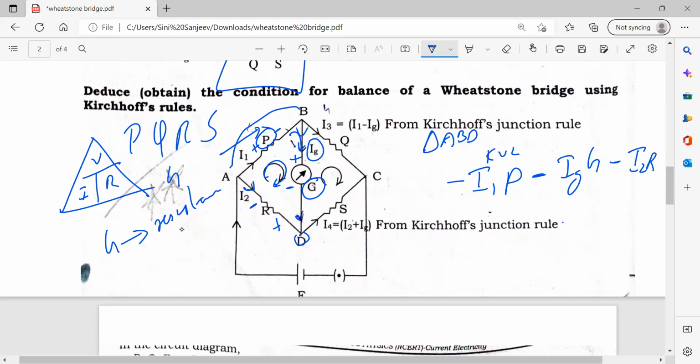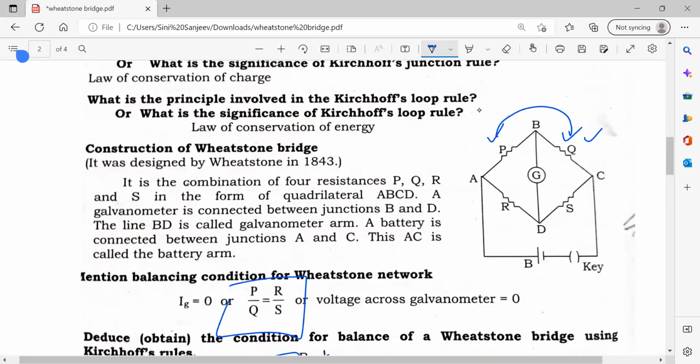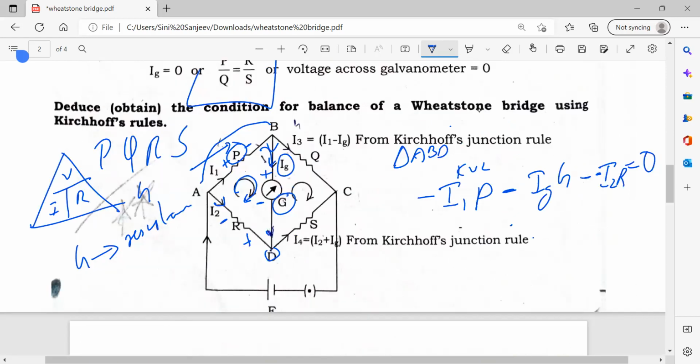I2 is coming in the opposite direction, so minus minus I have to put plus, equal to 0. So minus I1P minus IGG plus I2R equal to 0.